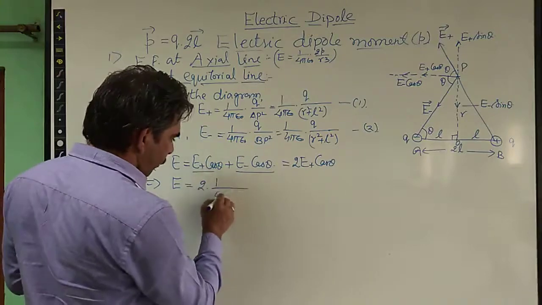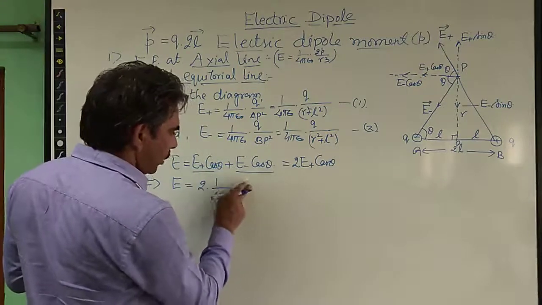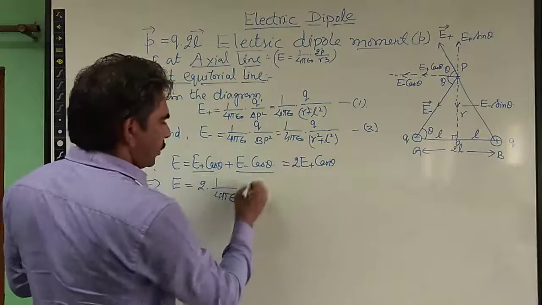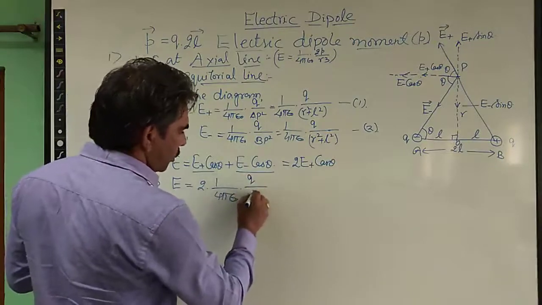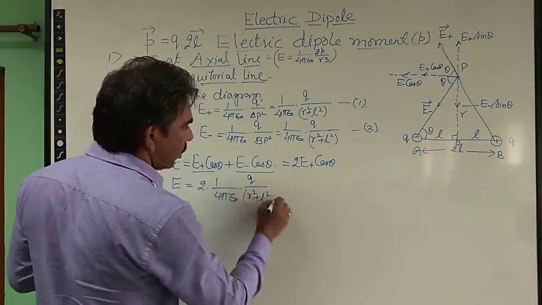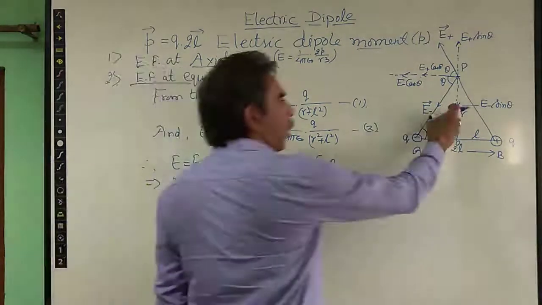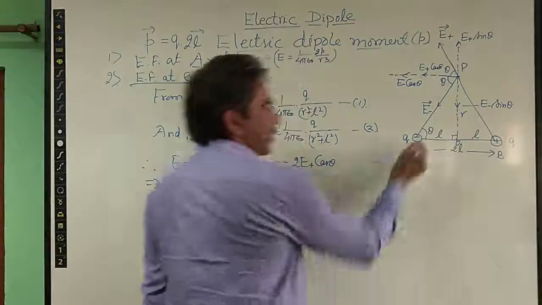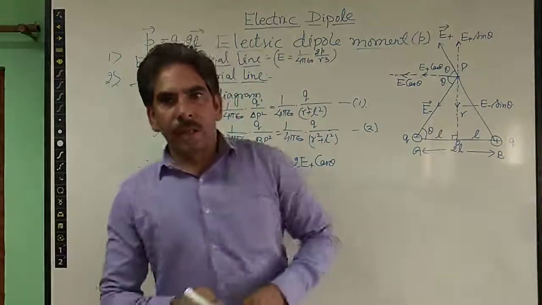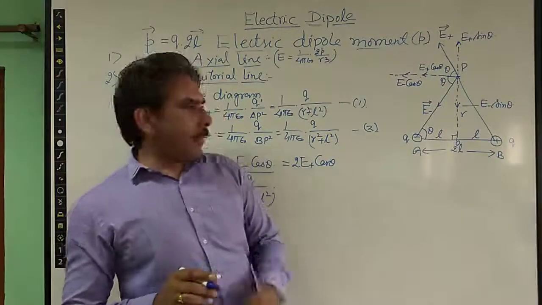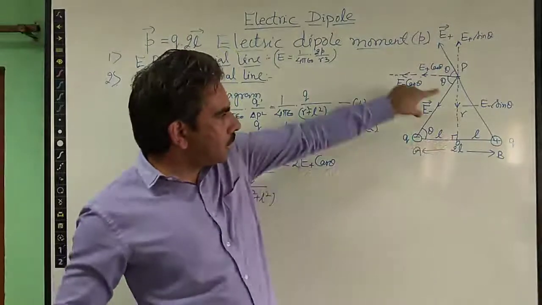So the net electric field takes the form: E positive is 1 upon 4 pi epsilon naught times Q upon R square plus L square, into cos theta. From this triangle, cos theta is simply base upon hypotenuse. So this is the base and this is the hypotenuse.